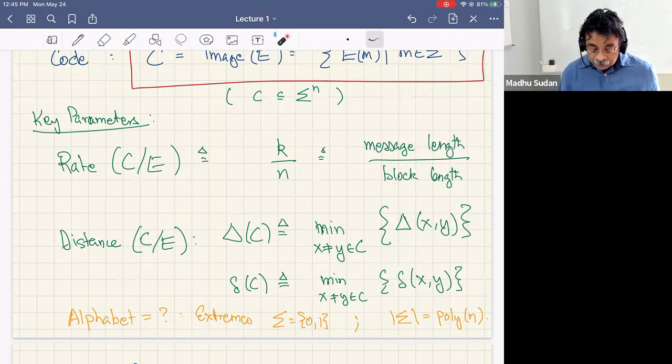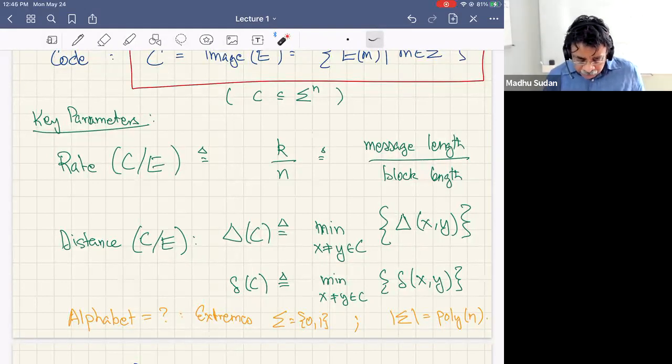So we would like the code to have large distance, where the distance of a code is defined as the following quantity. You look at any pair of code words, any pair of things that are encodings of 2 different messages, and you look at the minimum distance between them. The distance is again the Hamming distance. How many coordinates did I have to change to go from one to the other?